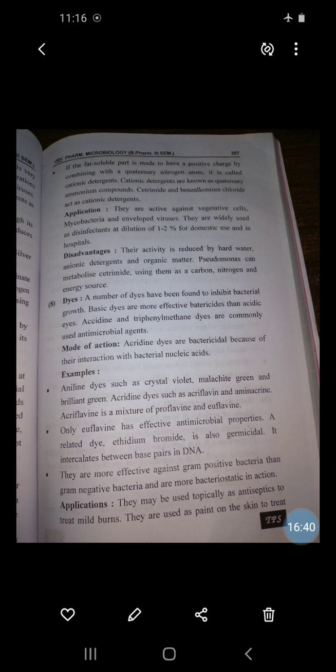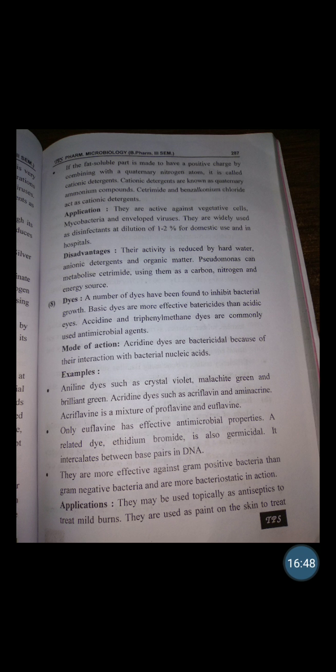Properties of beta propionolactone: first, it is a colorless liquid with a pungent to slightly sweet smell. It is a condensation product of ketene with formaldehyde. Keep in mind what I am saying.